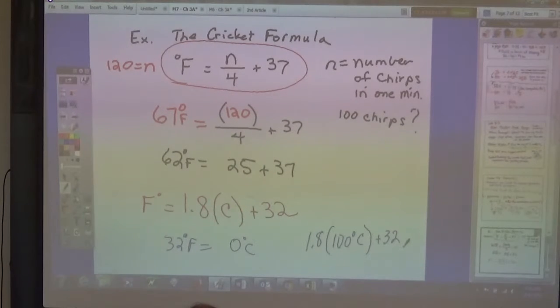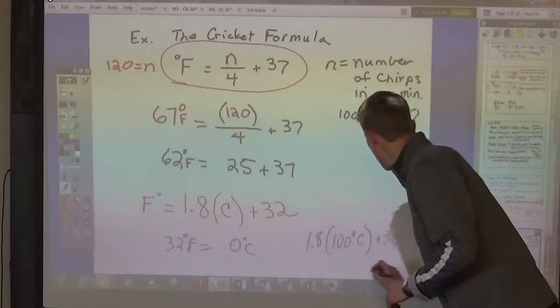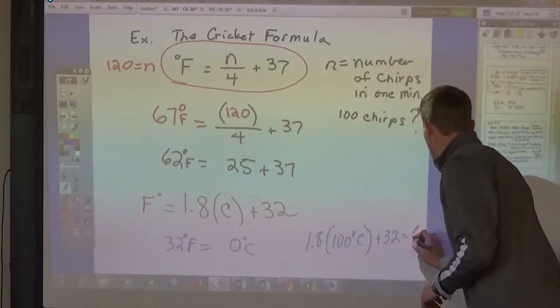If the formula is correct, it should equal 212. 1.8 times 100 equals 180 plus 32, right? 212. Yay, we got the formula right. You're smart.